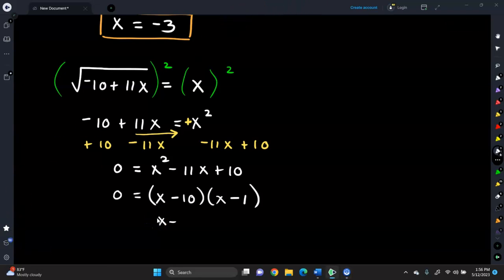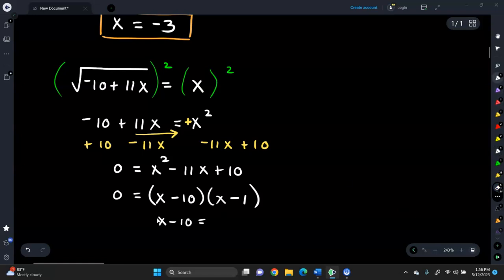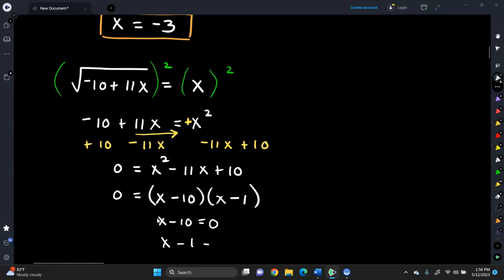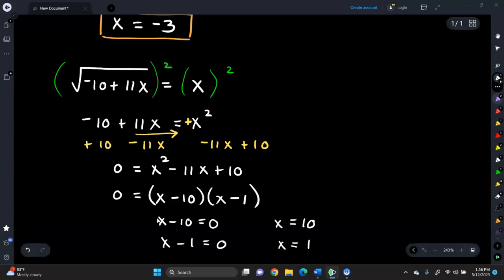I have x minus 10 equals 0. And I have x minus 1 equals 0. So x equals 10 or x equals 1. So we're going to go back up to the original problem and we're going to check both of our answers.